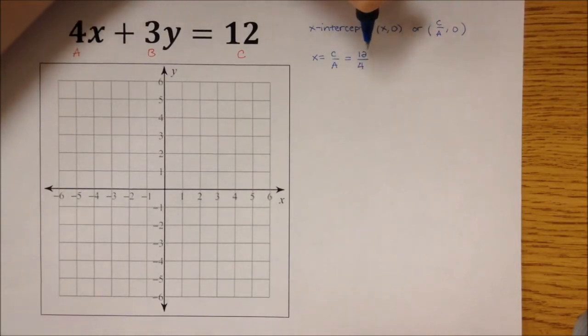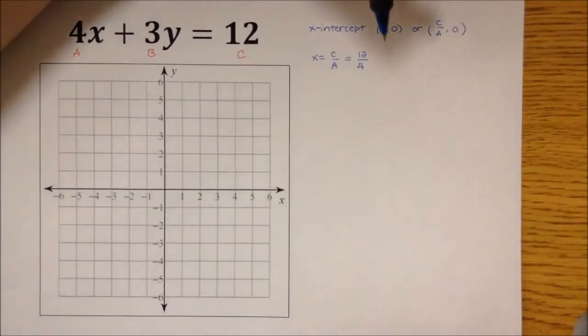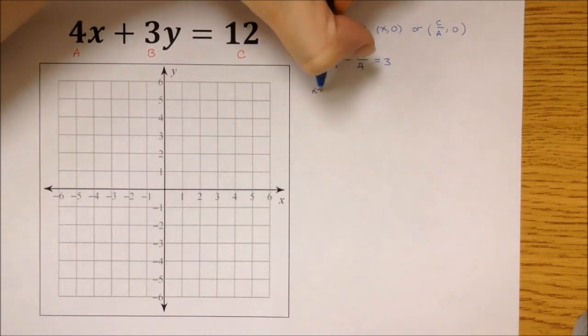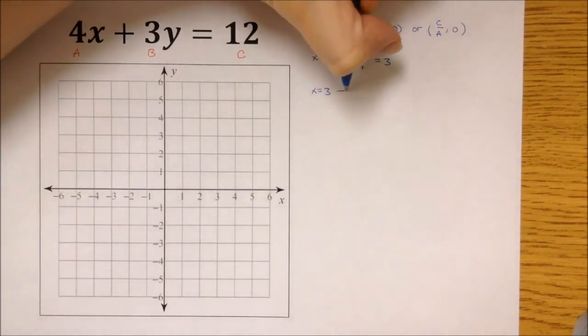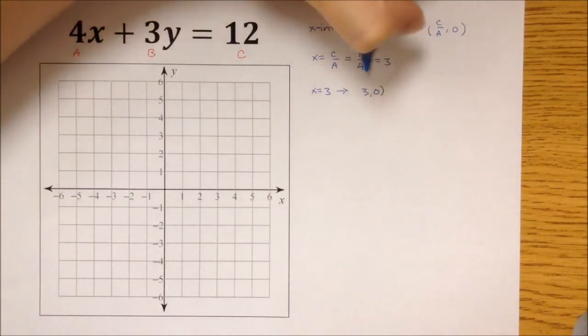Positive 12 divided by positive 4 is simply 3. So x equals 3. Therefore, our coordinate of the x-intercept is 3, 0.